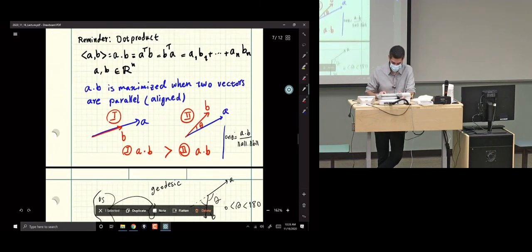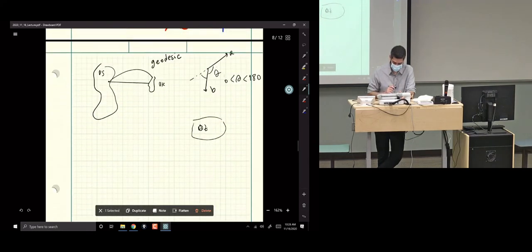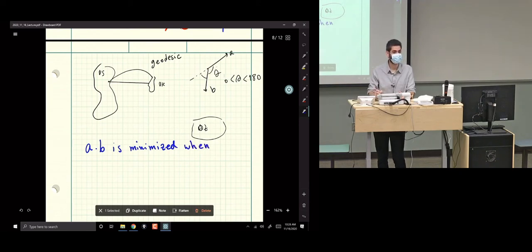Okay, so now when A dot B is minimized, when do you think it's minimized?